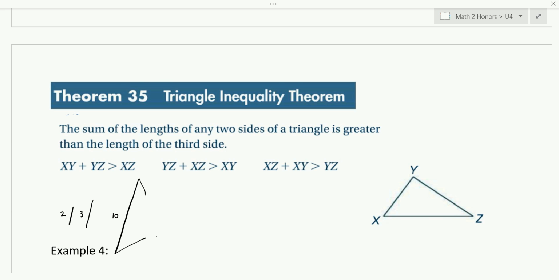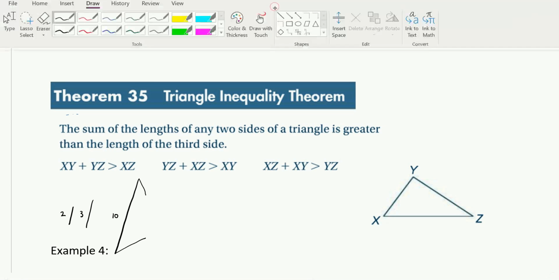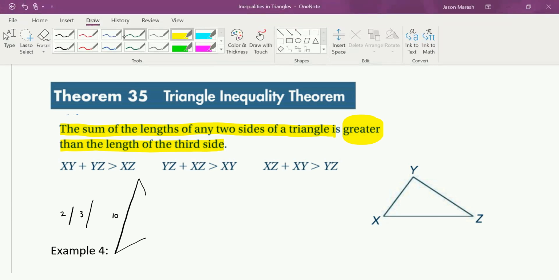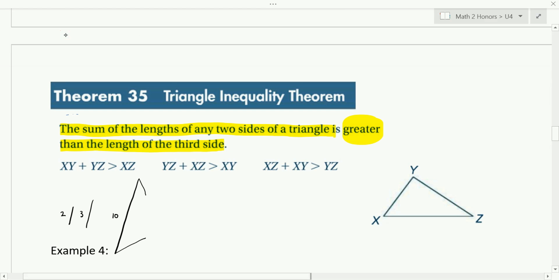And the relationship is stated right here. The sum of the lengths of any two sides of a triangle has got to be greater than the length of the third side in every case. Practically speaking, what we're going to do to check this is find the two smaller sides, because those are the ones that really matter.